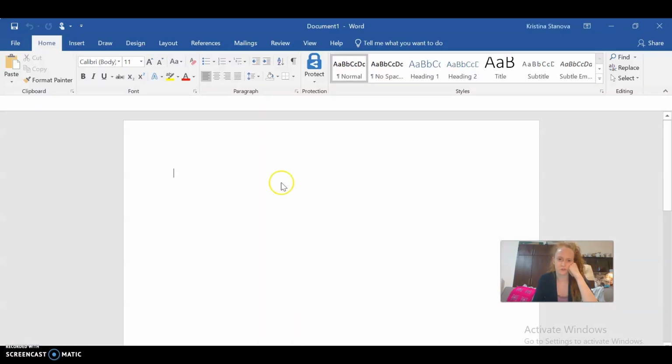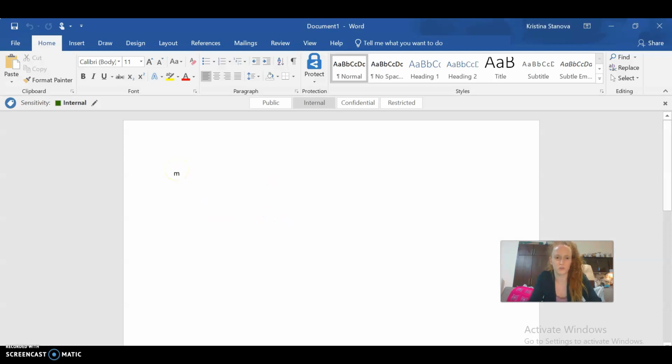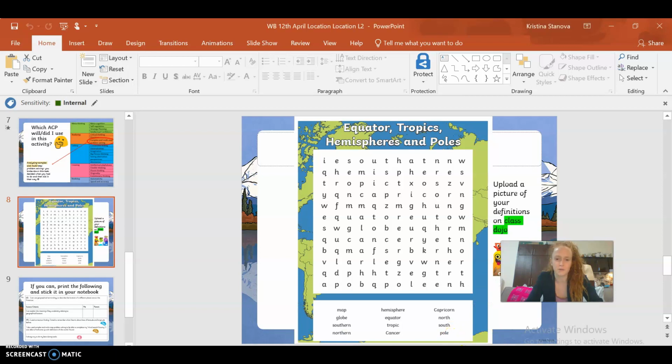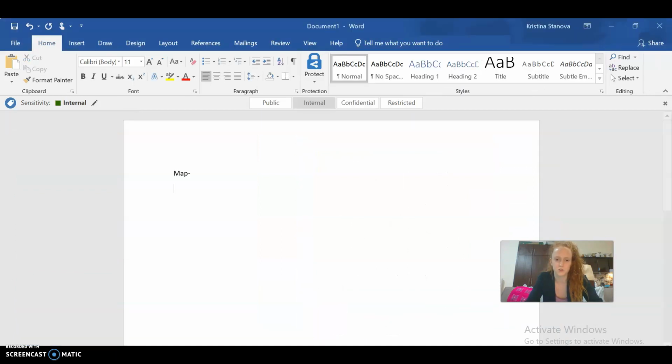So once you found your words, in your notebook you will write map, and then you can go onto Google and find the meaning of the word map. What is a map? What is the definition? Define it, okay? Then the next word should be globe. Globe, you will find and write the definition.